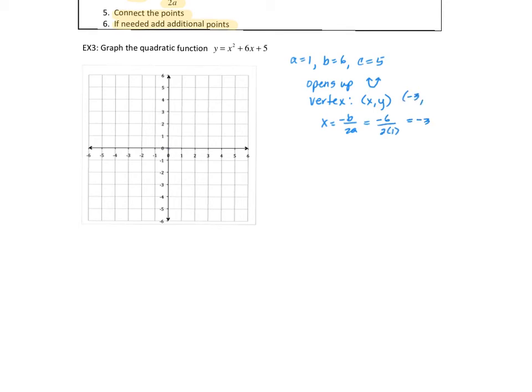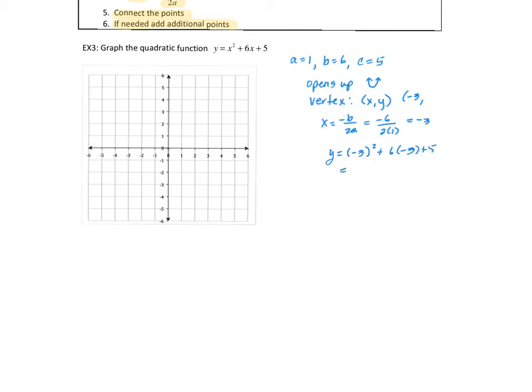How do I find my y value? Well, I have an equation. y equal to x squared plus 6x plus 5. So to find my y value, I'm putting in negative 3 for x. So remember, the negative 3 goes in for all of the x. So that would be negative 3 in parentheses squared, plus 6 times negative 3 plus 5.